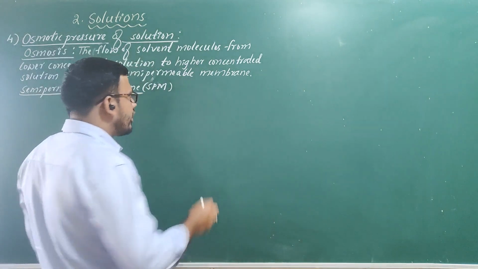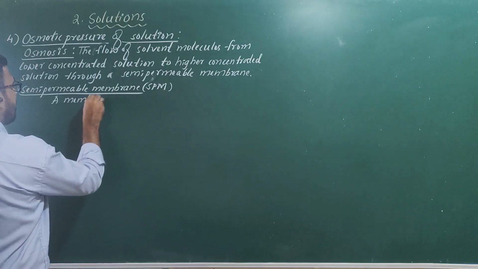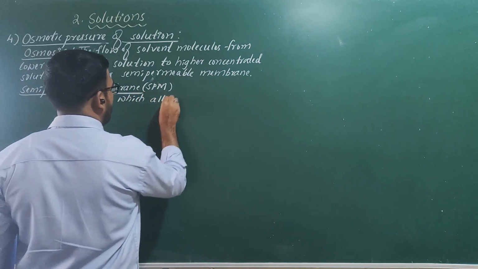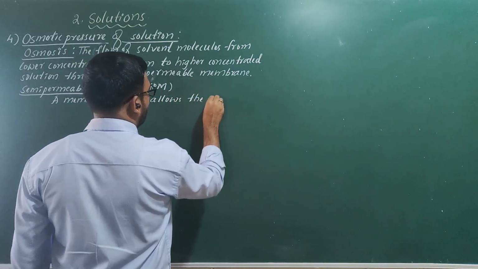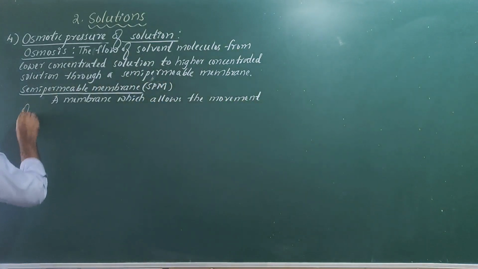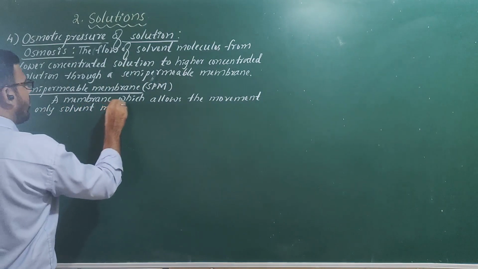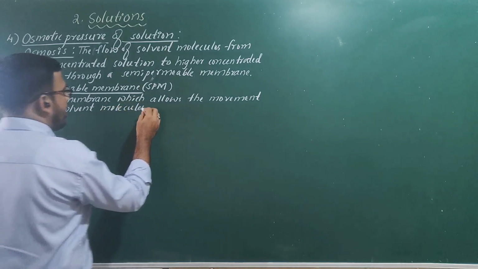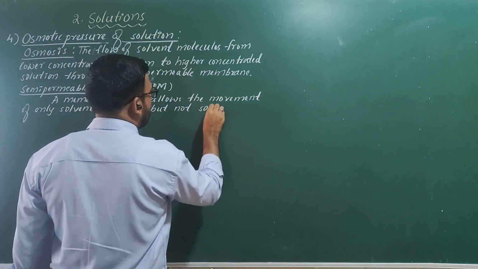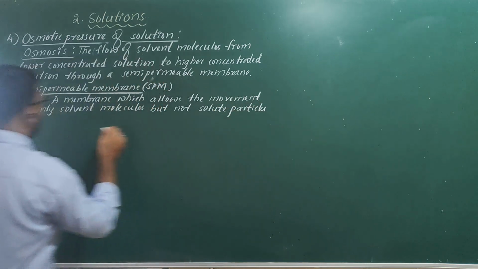A membrane which allows the movement of only solvent molecules but not solute particles through it is called a semi-permeable membrane.